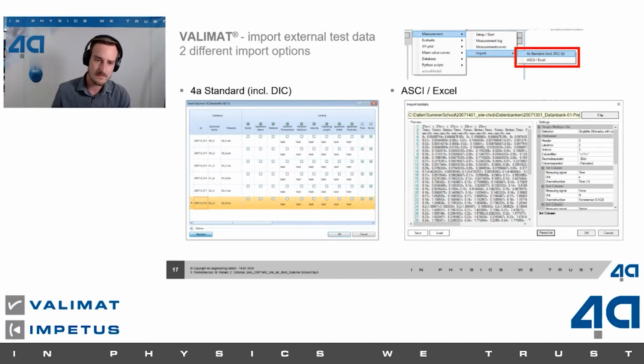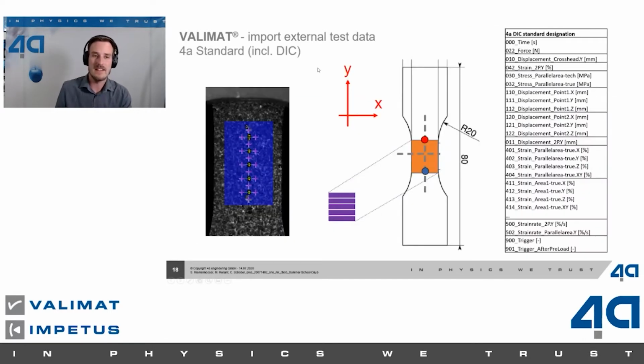The standard import is really well prepared for handling tensile tests with some DSC measuring channels. In this standard import, we have a predefined designation of quite a big amount of channels.